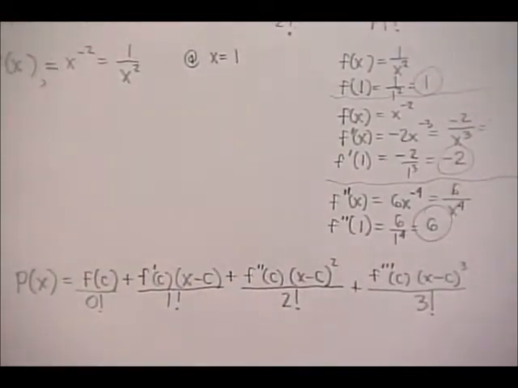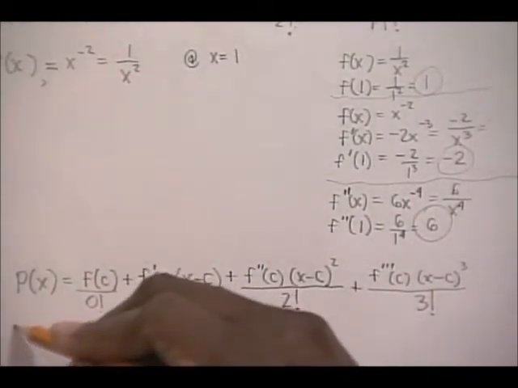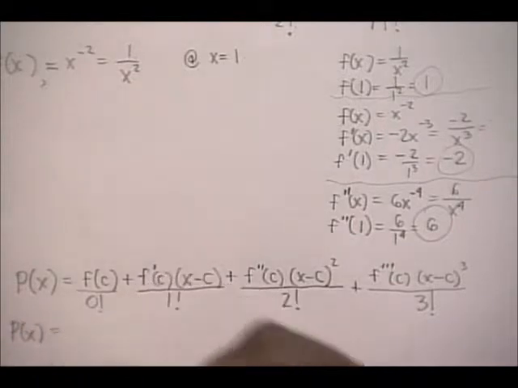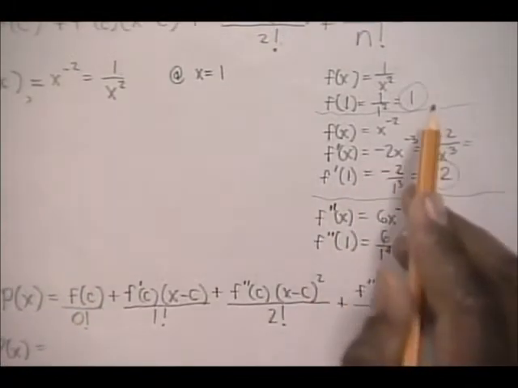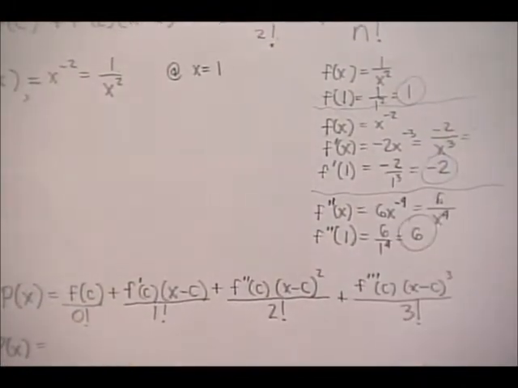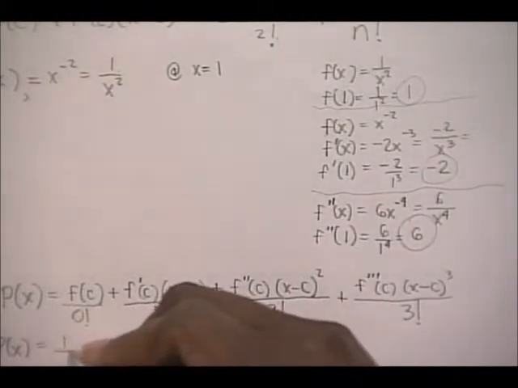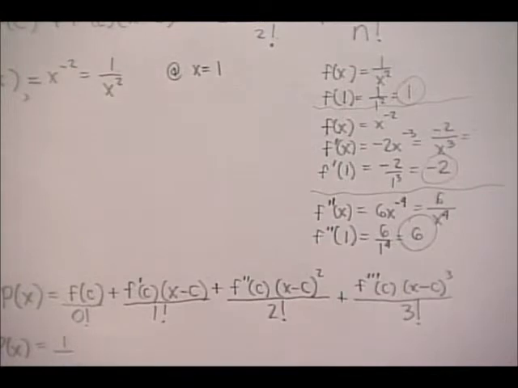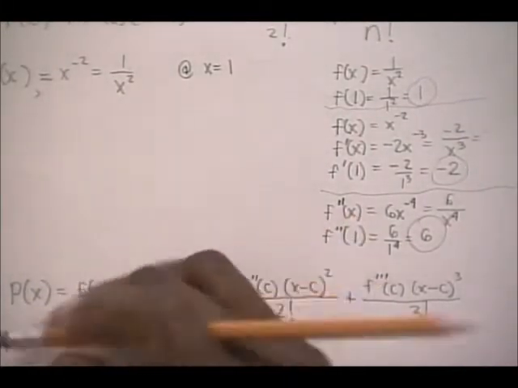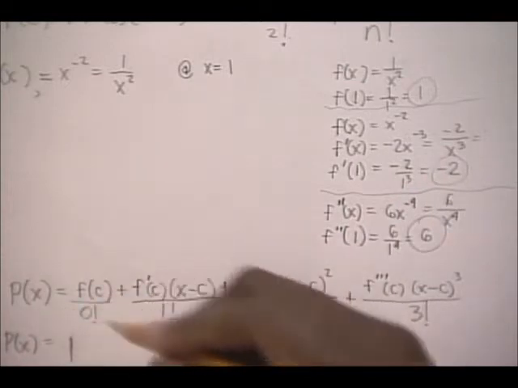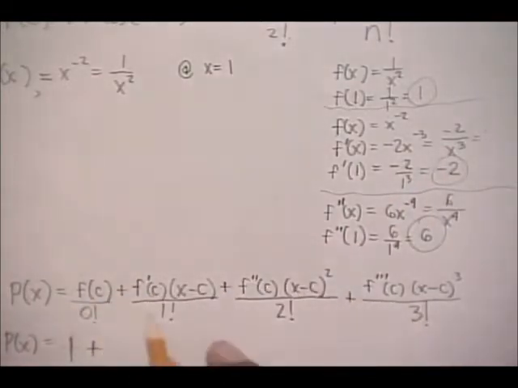All right, so let's begin substituting this stuff in. Our polynomial function, p sub x, is f sub c, which we said up here was 1. F sub 1 is 1, so we get 1 over 0 factorial. Well, that's 1. By definition, 0 factorial is 1. So we just end up with a 1 here. So we get 1 plus f prime sub 1.